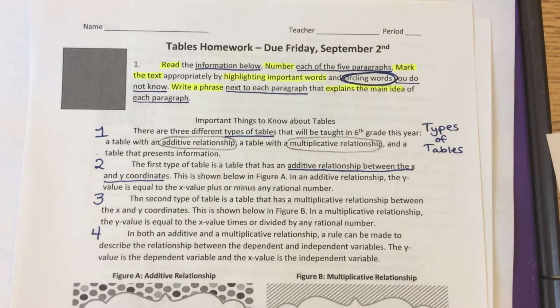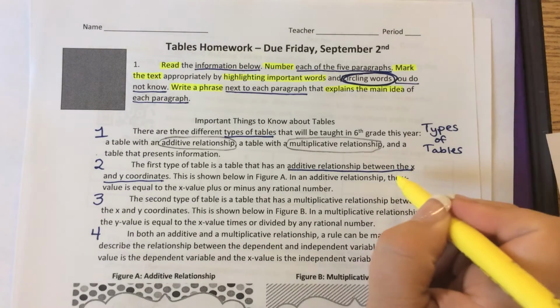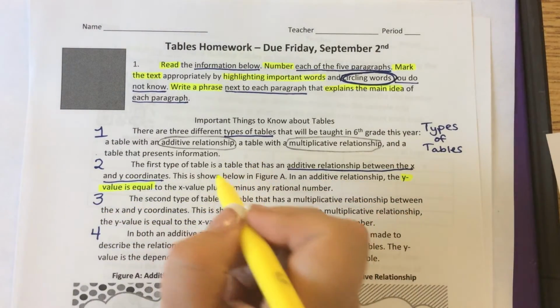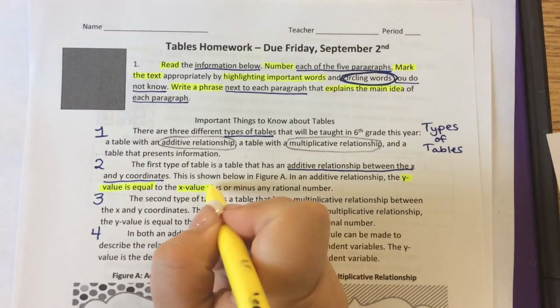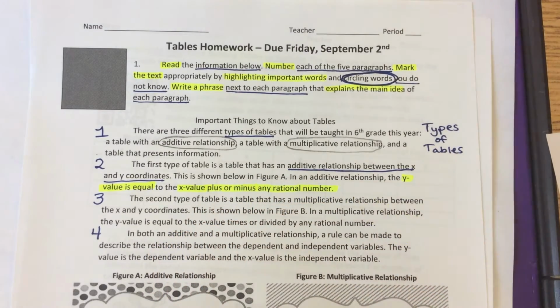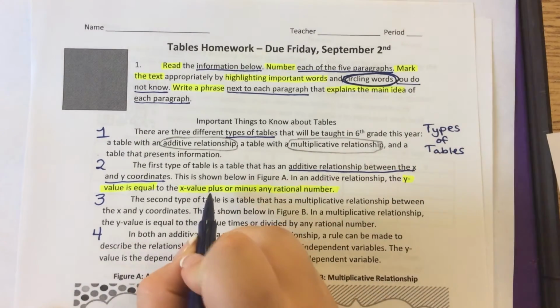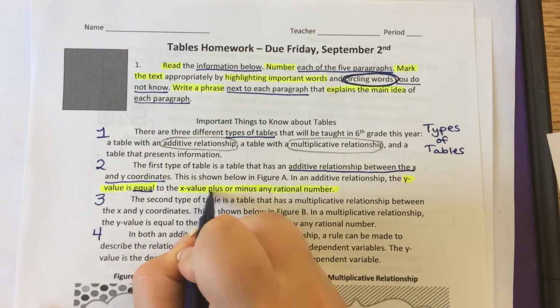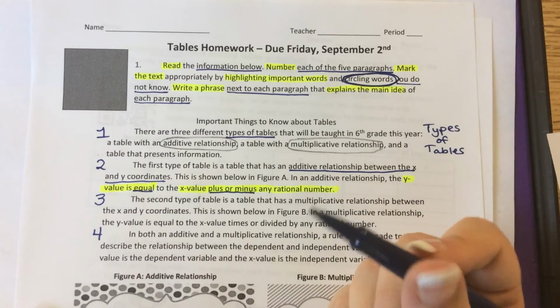In an additive relationship, the y value is equal to the x value plus or minus an irrational number. That is some important information that you need to know. That the y value is equal to the x value plus or minus an irrational number.